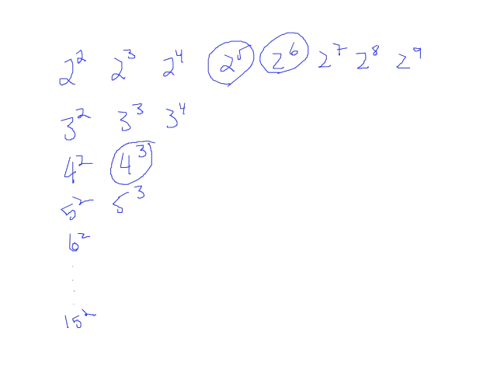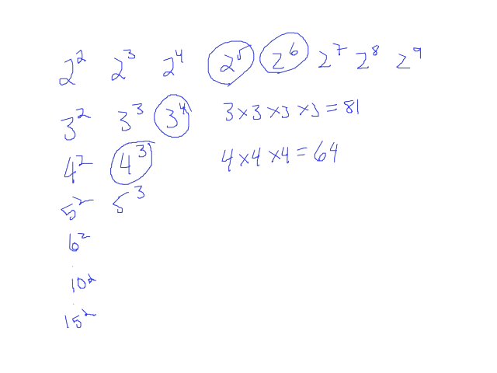So, for instance, 4 cubed is 4 times 4 times 4. And so what we have here is 64. And 3 to the 4 means 3 times 3 times 3 times 3, which gives you 81. You don't need to know 6 cubed. All you need to know is that 6 squared is 36. You do have to know all the 10s.